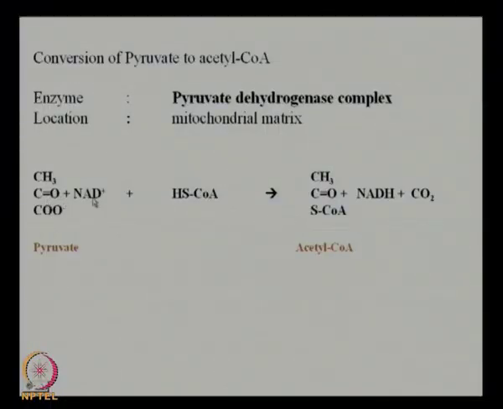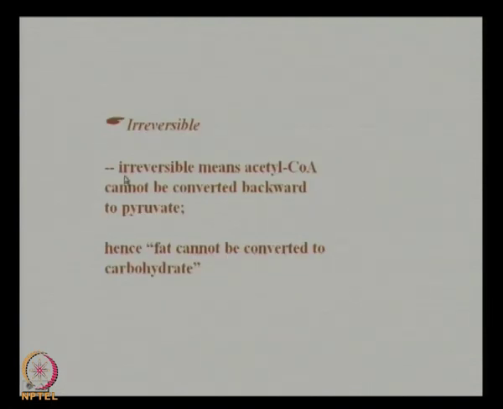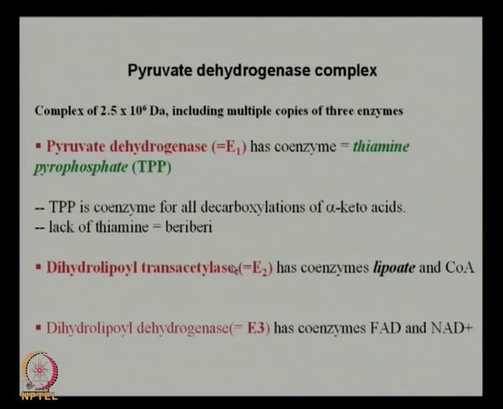When these 2 molecules of pyruvate are converted, we get 2 molecules of acetyl CoA, 2 molecules of NADH and 2 molecules of carbon dioxide. Now, this is an irreversible process. It means acetyl CoA cannot be converted back to pyruvate, hence fat cannot be converted to carbohydrate.